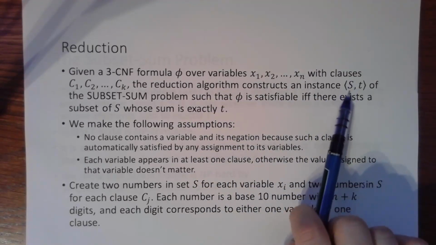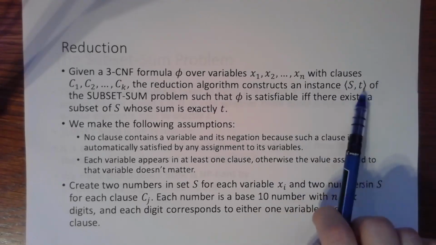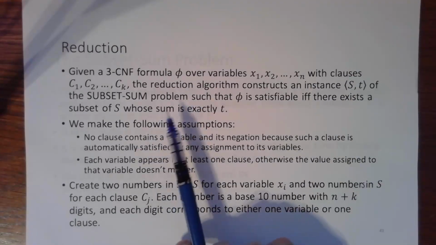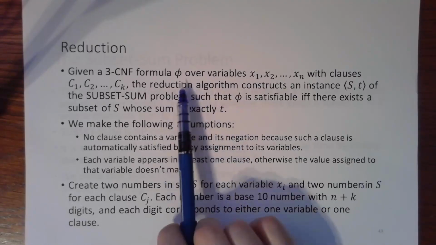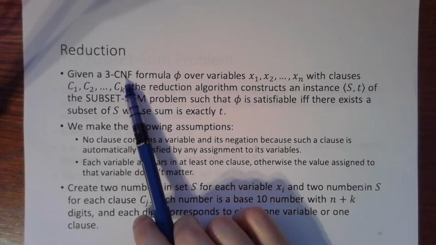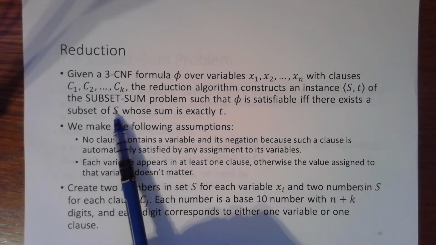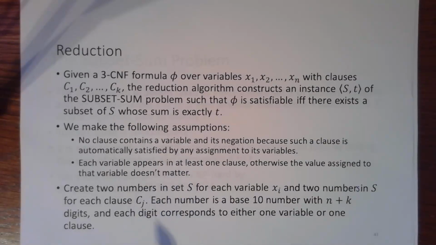We're going to create a set of particular numbers and then a target value that we're trying to reach. And we have to do that in such a way that the 3CNF formula is satisfiable if and only if we can find a subset of values from the set we construct whose sum is exactly the target that we make.